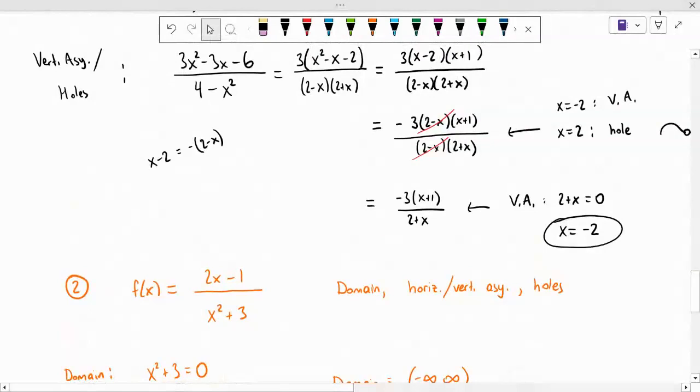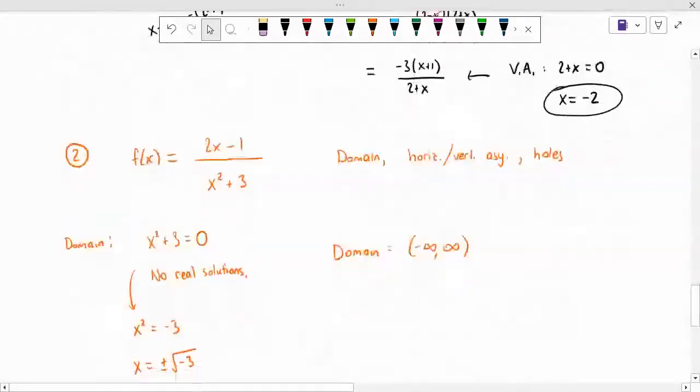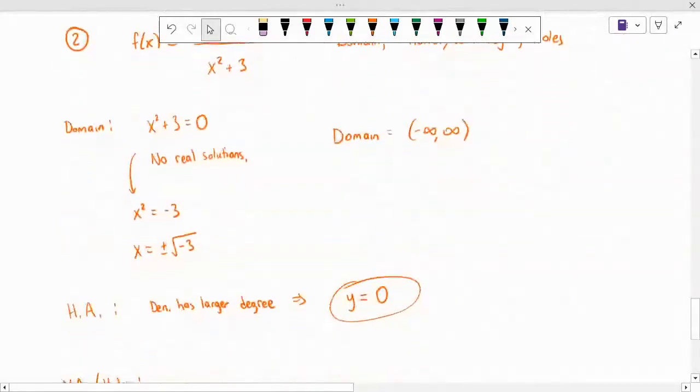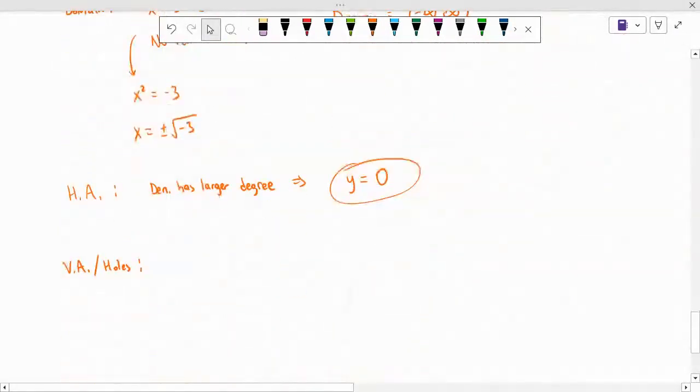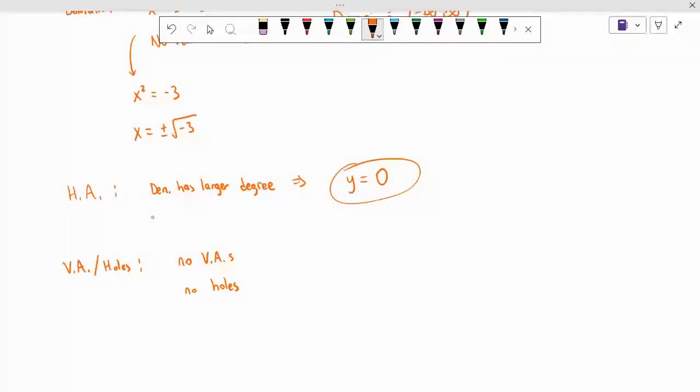They would be located where your denominator is 0. But here we already saw that the denominator will never actually equal 0. So this is an example where we have a rational function that has no vertical asymptotes and also no holes in the graph. Okay? So not every rational function is going to have an asymptote or a hole.